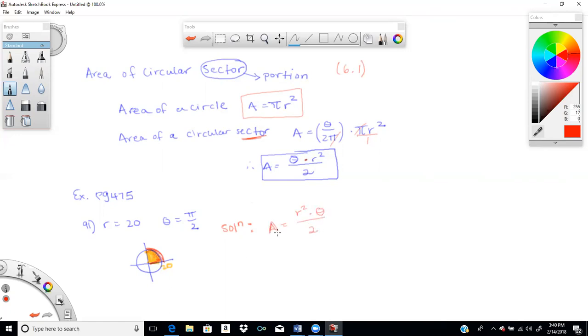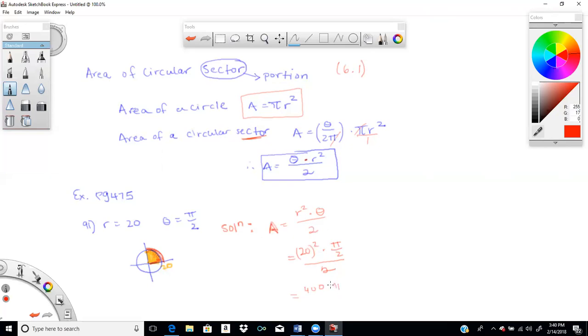So r squared is 20 squared, and theta is pi over 2, all over 2. We have to simplify this, so that gives you 400 times pi.